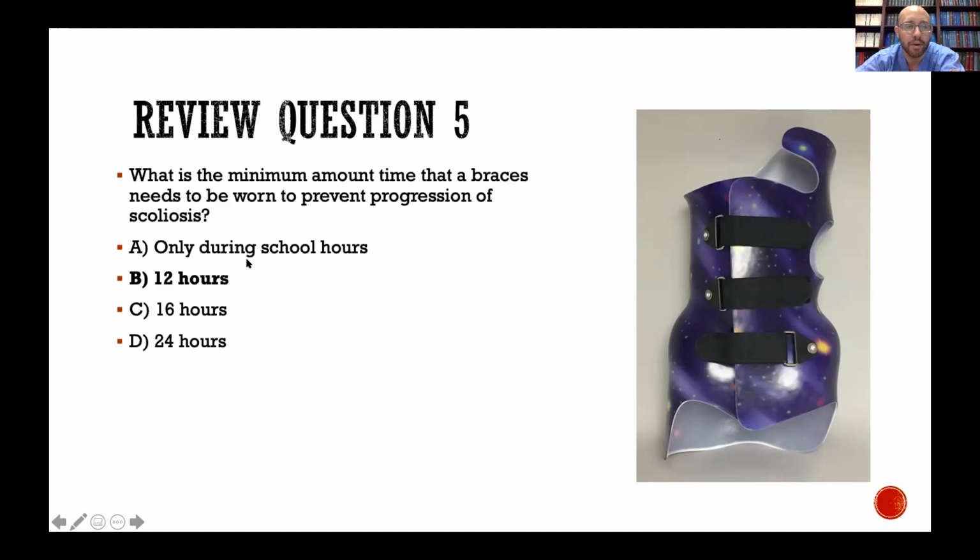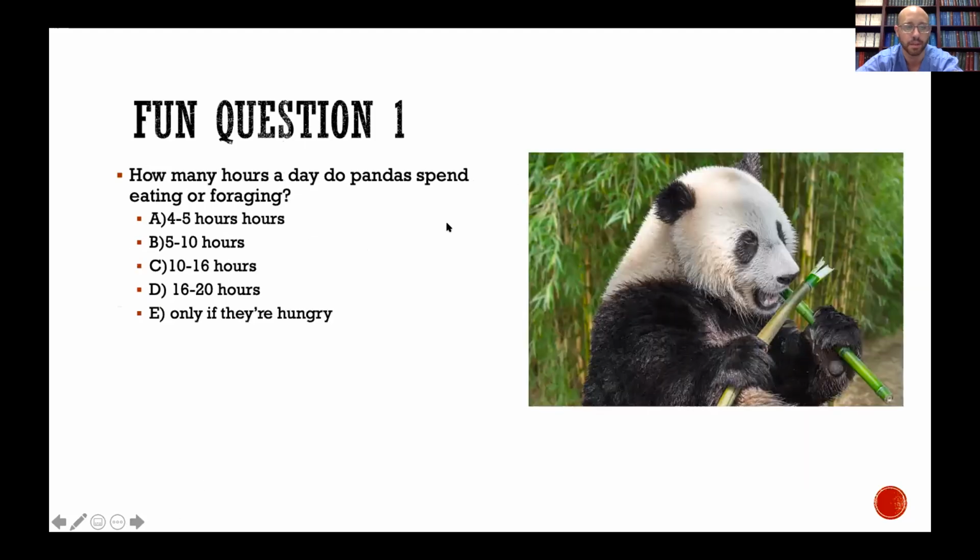So 12 hours is the minimum amount of time. 16 hours is a little bit more beneficial, but a lot of the times you can just have the patients wear it at nighttime and when they're at home. So you can do 12 hours and that can prevent it from progressing.